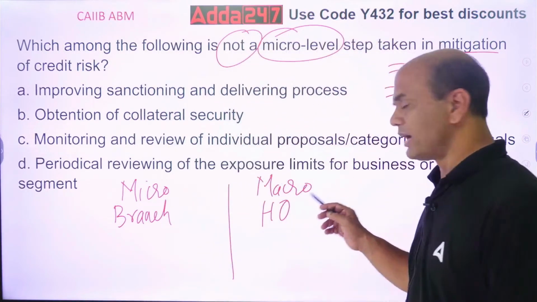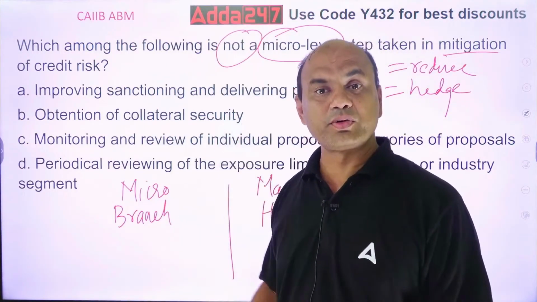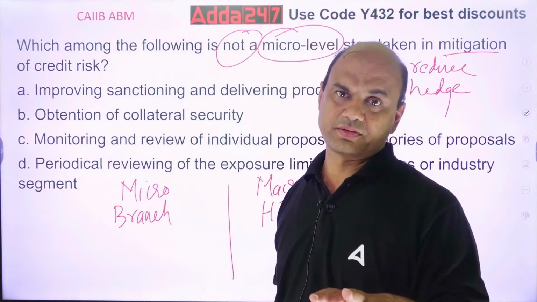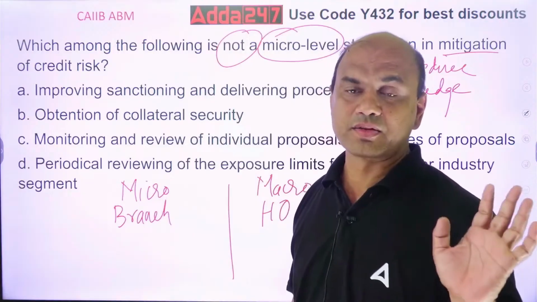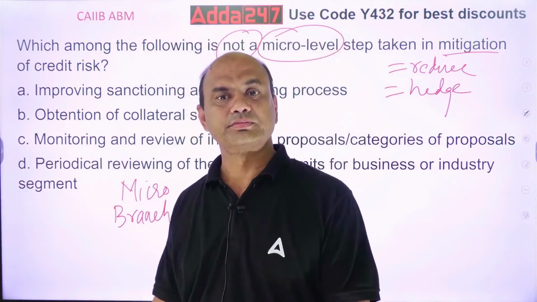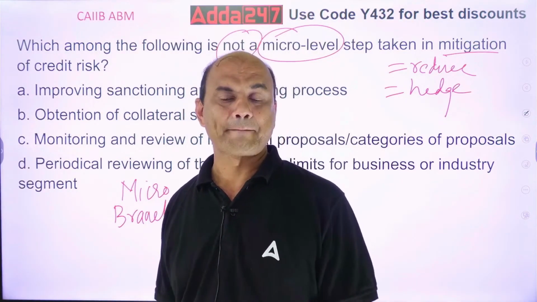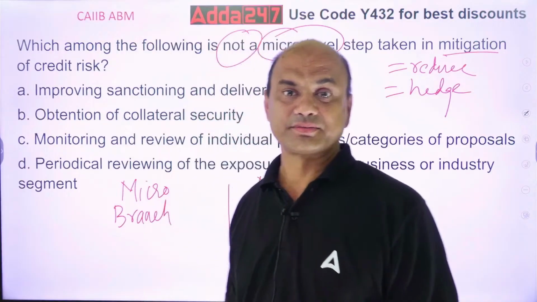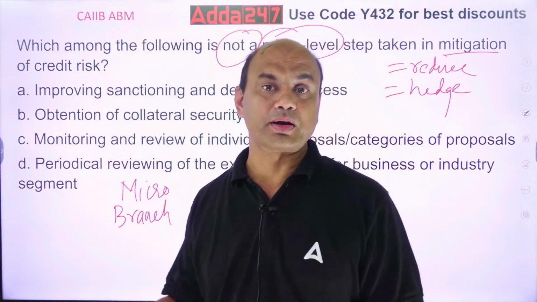And regarding macro level, it's at HO level. At HO level, we do two things. One is diversification, very important. You should not give the loans to a single sector. Number two, derivatives. Derivatives are an important part.